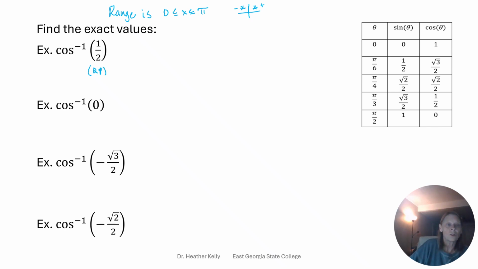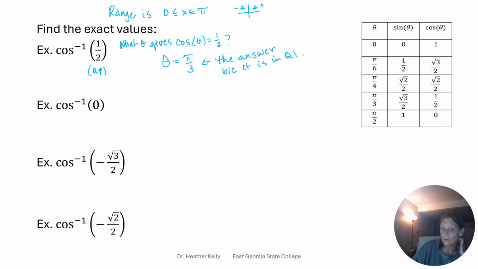So we can just do it, and what I'm going to ask is what theta gives cosine theta equals 1/2. I mean, that's basically the question here. And so let's look. Cosine of theta is equal to 1/2 when theta is equal to pi over 3. And this is the answer because it is in quadrant 1.